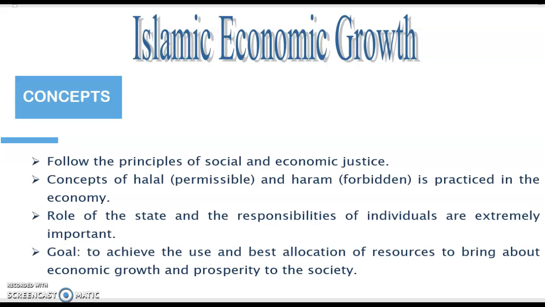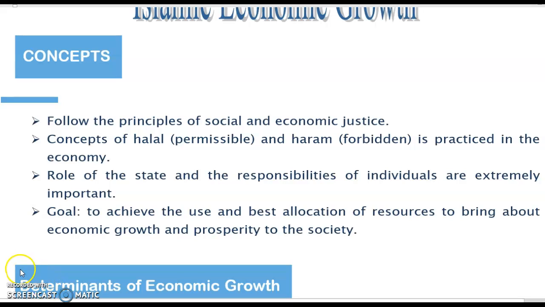First, let's look at the economic growth concept, because it follows the principle of social and economic justice. So it must consider whether something is halal or haram, permissible or forbidden, in what is practiced in the economy.